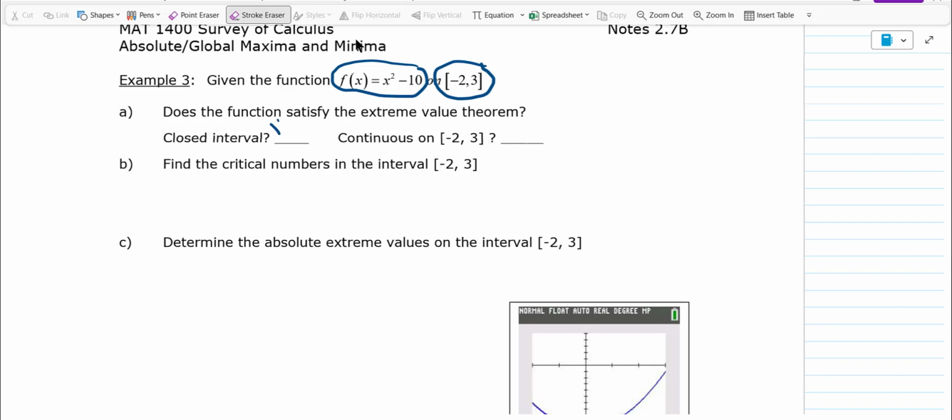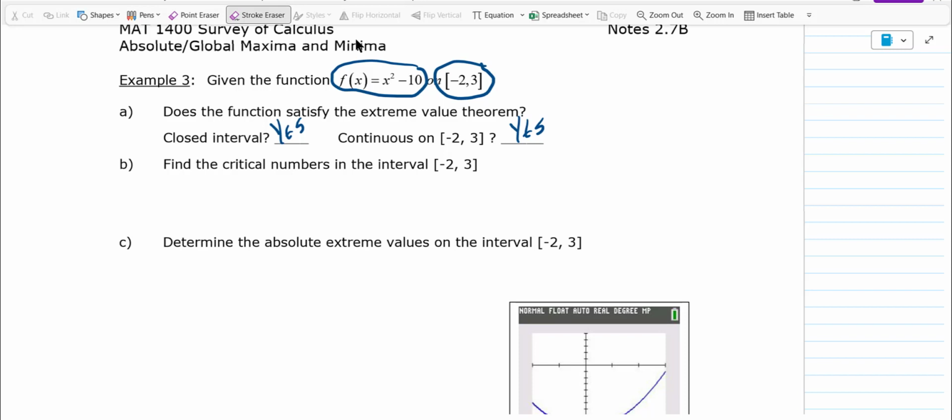How do you know it's closed? Because there are brackets. If there was a parenthesis on one of them, then it wouldn't follow the extreme value theorem. How about x squared minus 10? It's a parabola. Is that continuous everywhere? Yeah, there are no breaks on a parabola, so it is continuous. That means it does satisfy the extreme value theorem.